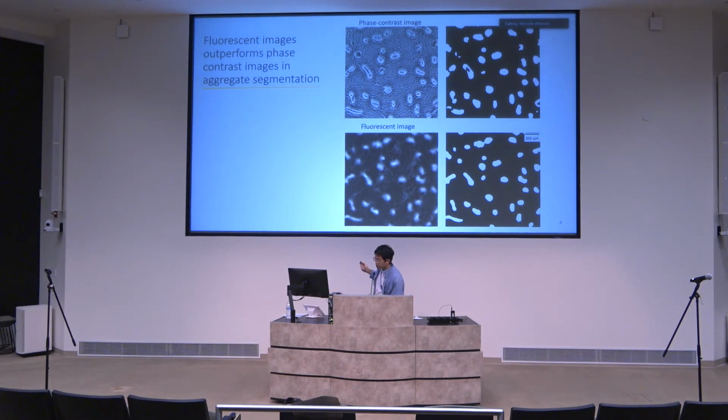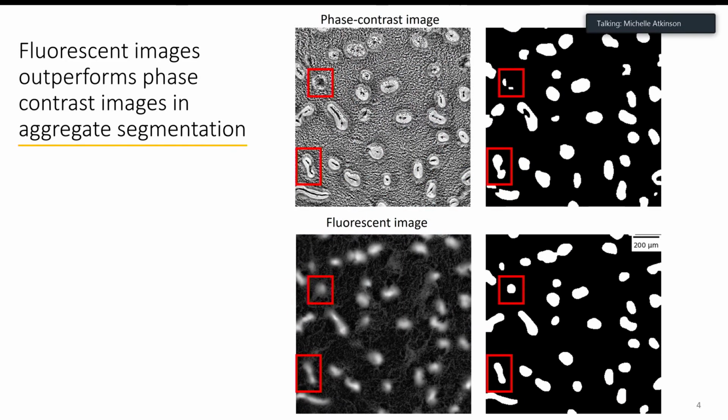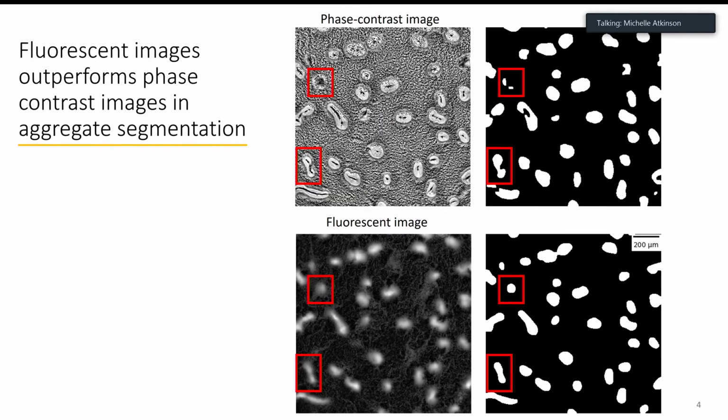However, for some immature aggregates, the boundaries are not well defined, so they cannot be well segmented. It is different on the fluorescent image, because no matter mature or not, they have higher intensity than the background, so they can be segmented. So the fluorescent images outperform phase contrast images in aggregate segmentation.